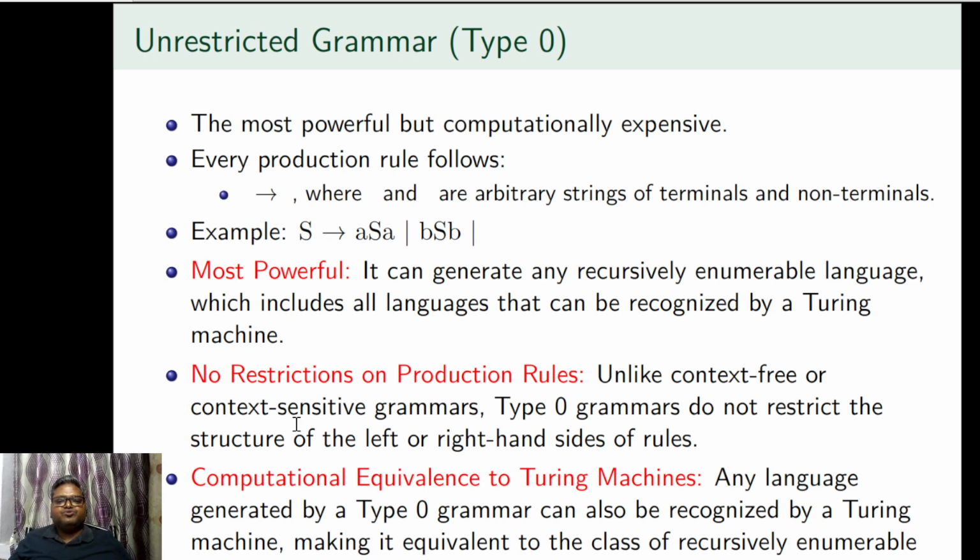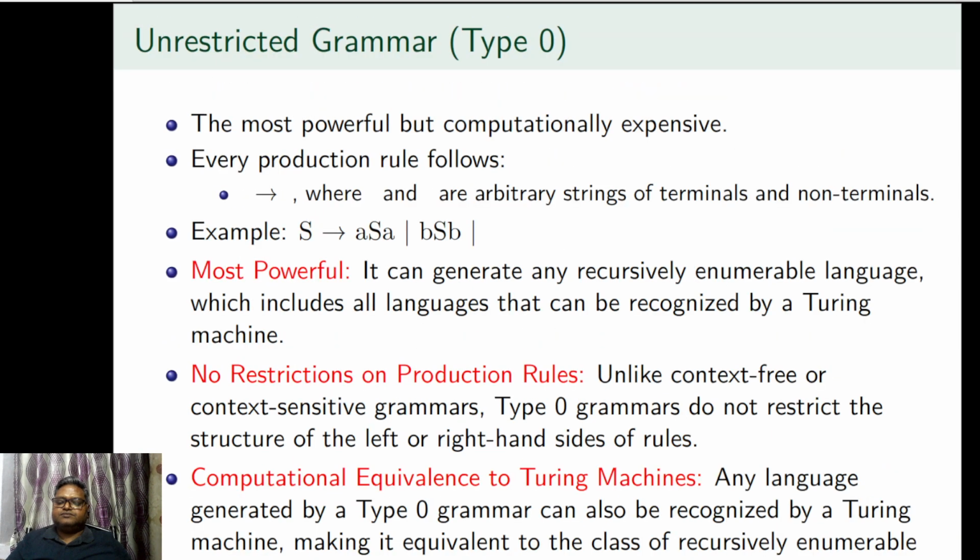So it leads to an infinite number of rules, and evaluating them cannot be done manually. We require Turing machines for that. This is a very powerful grammar, but computationally very expensive.